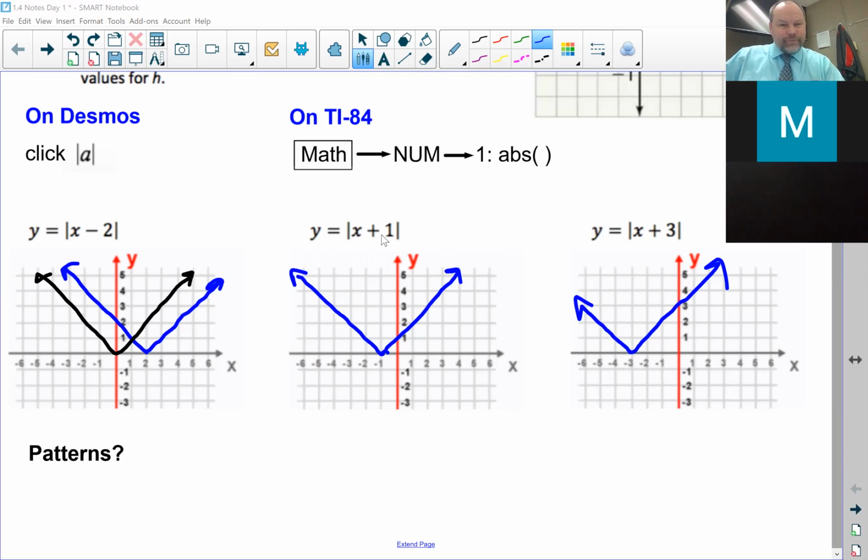Oh, wait a minute now. I'm going to take that back. What we're looking at is going from the graph that's in black to the graph that's in blue. That doesn't move to the left, it moves to the right.